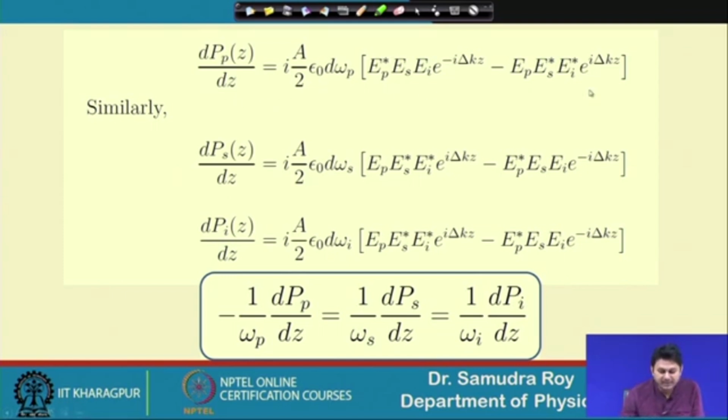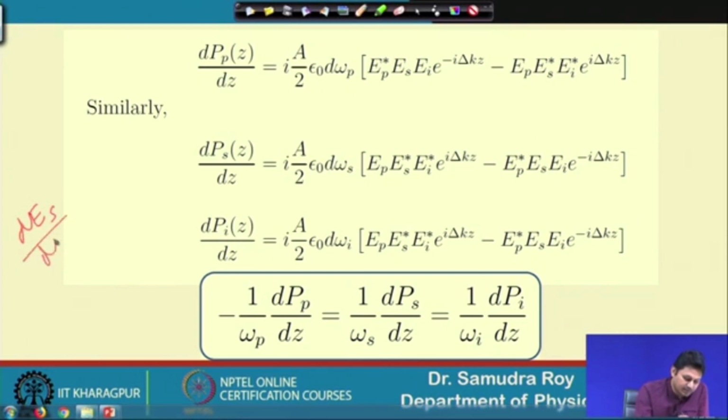Now, in exactly the similar way, just using the other two equations, dE_s/dz is equal to i kappa s E_p E_i star e to the power of i delta k z.